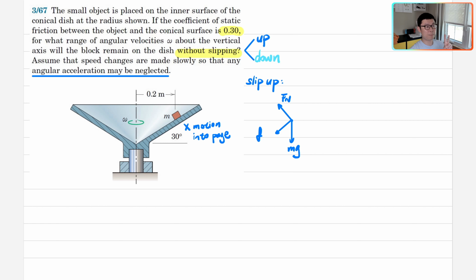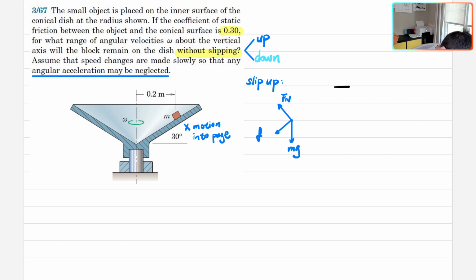Number two, it is always pointing to the center. This block is making circles with respect to this axis, as the question told you. So our n direction would be this way. This is our n positive direction, while your t positive direction would be going into the page. But we don't need the t direction.